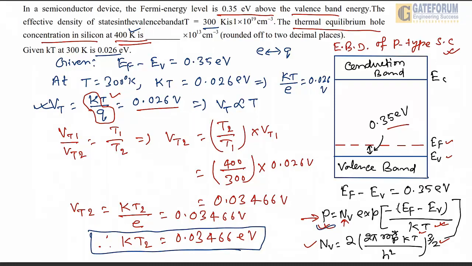So we got the KT2 value, and now at this temperature we need to calculate this NV value. As we know, this NV has the expression 2 into (2 pi mp star KT divided by h square) raised to 3 by 2.